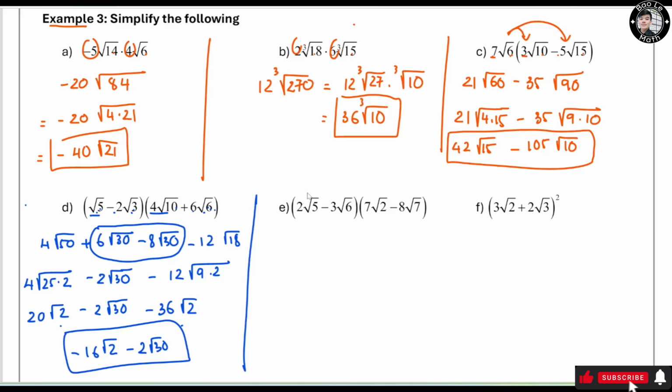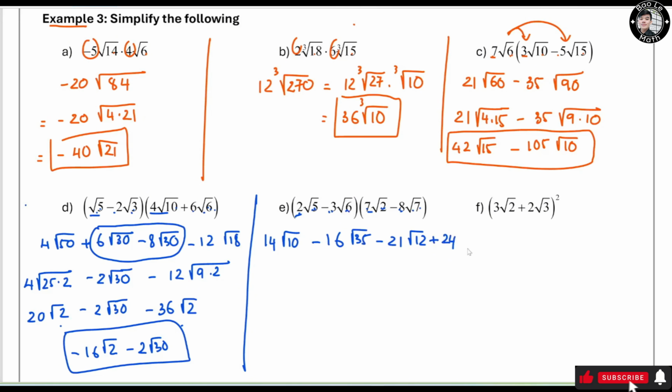Now question E. 2 times 7, it could be 14. Root 5 times root 2, it could be root 10. Right? 2 times negative 8, it could be negative 16. Root 5 times root 7, it could be root 35. Negative 3 times 7, it could be negative 21. Root 6 times root 2, it could be root 12. And the last one, negative 3 times negative 8, it could be plus 24, right?